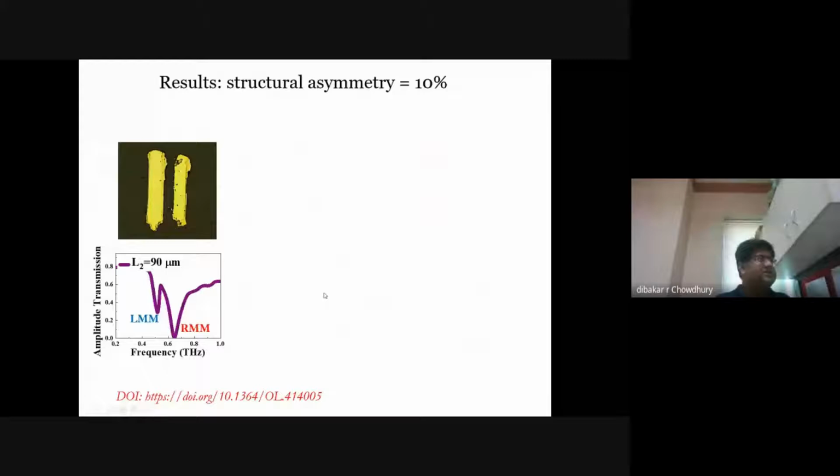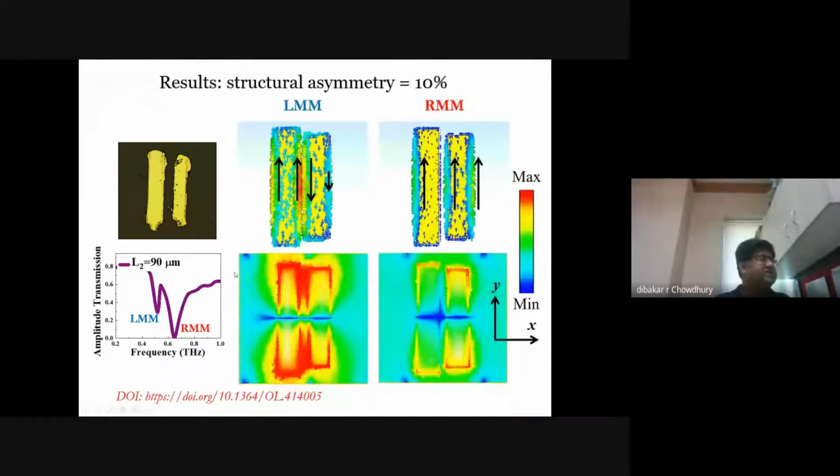When you move to 10% asymmetry, that is, 90 micrometer size of the second resonator, a resonance appears that we call LMM, the left metamaterial mode, and this we call RMM, the right metamaterial mode. For the left metamaterial mode, this is the surface current distribution and this is the electric field distribution. In case of the right metamaterial mode, this is the electric field distribution and this is the surface current distribution.